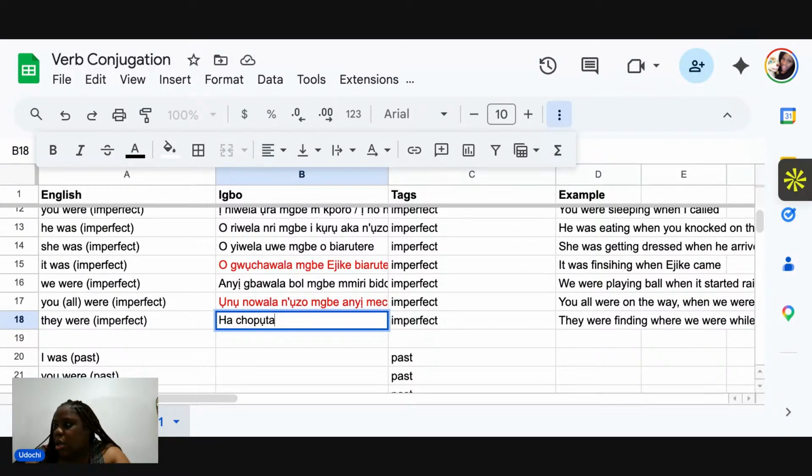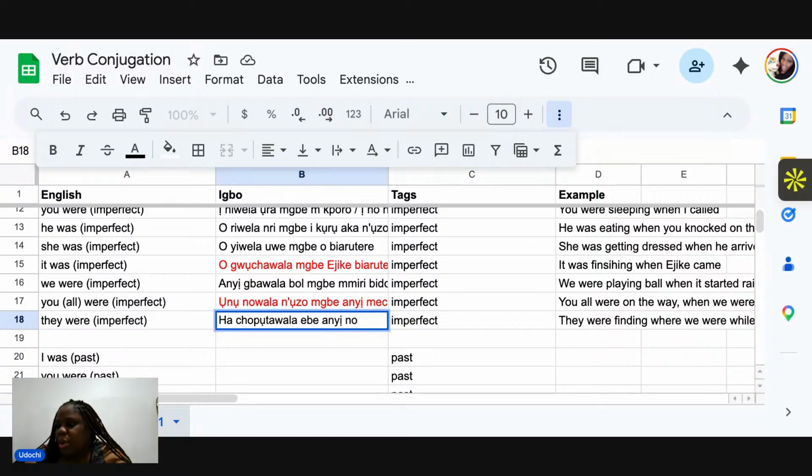Chapota wa lara. Ha chapụtawala anyị ebe anyị nọ.